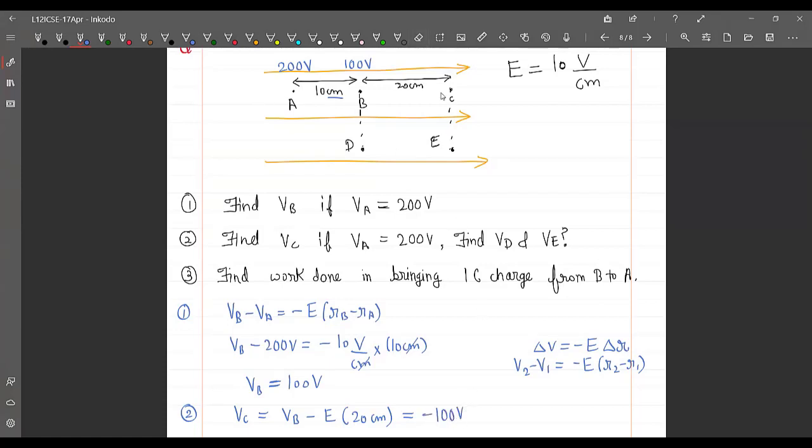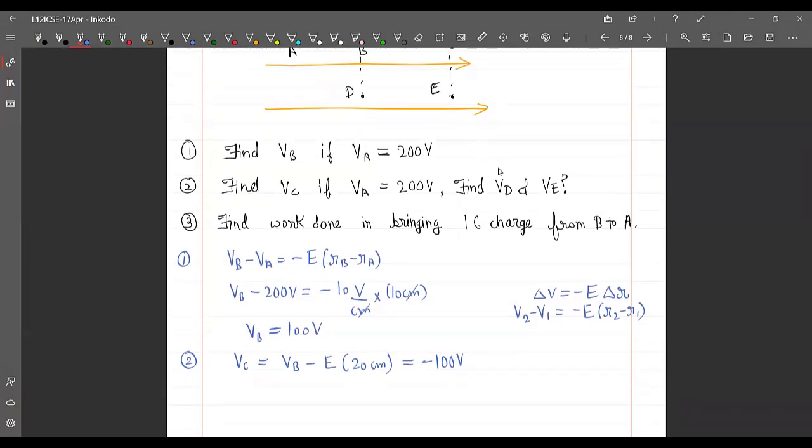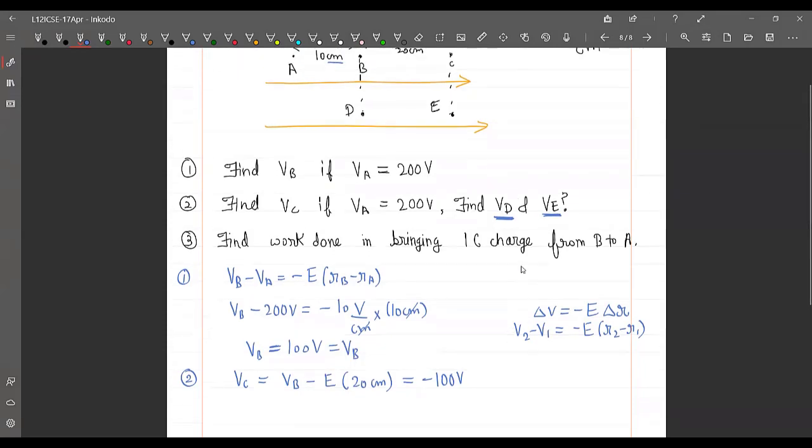The potential should continuously decrease. And what about potential at point D? Sir, same as B. Yeah, correct, 100 volt. And potential at point E? Same as point C.